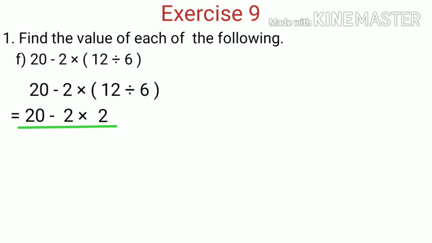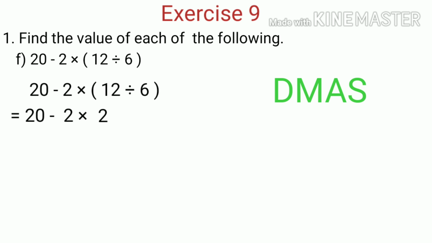Now this expression involves subtraction and multiplication. Now we can use the DMAS rule. According to the DMAS rule, we should divide first. But since there is no division in this expression, we will carry out the next operation, that is multiplication. So we will multiply 2 by 2.